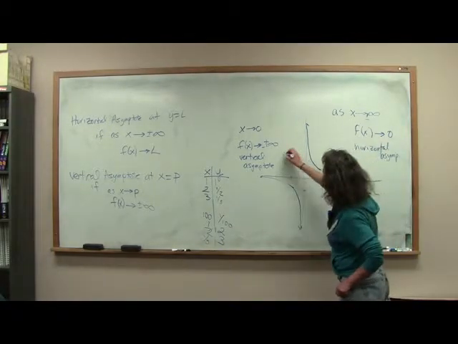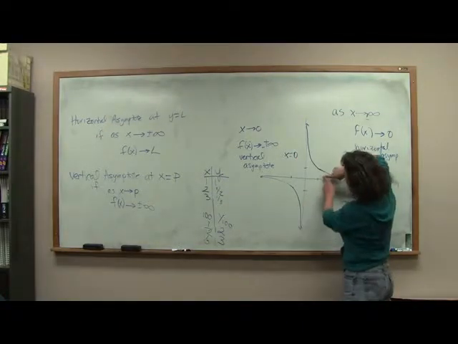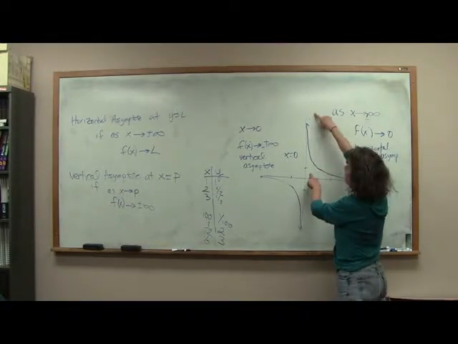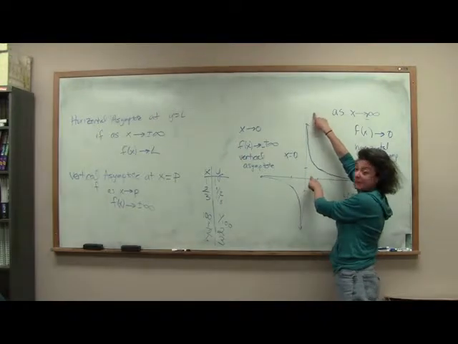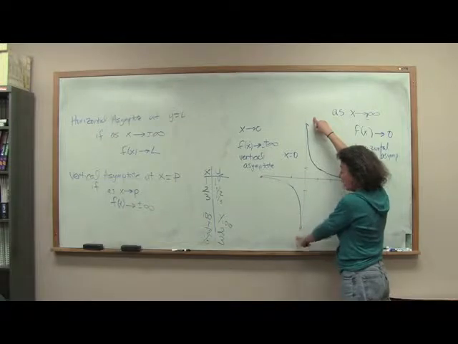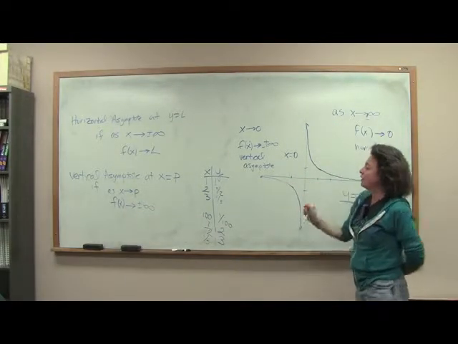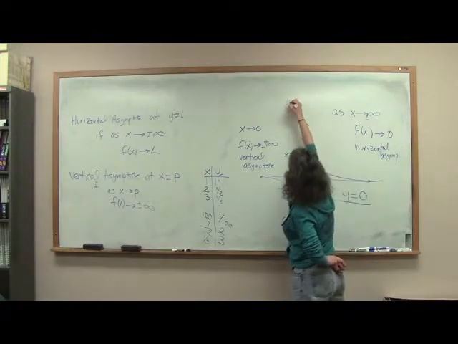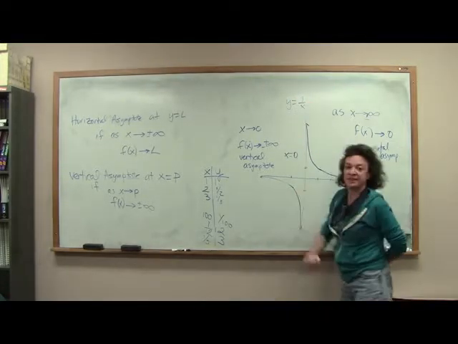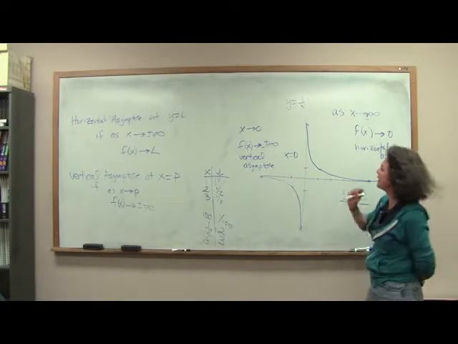Now, something that I would like to mention to you is this. Notice we have a vertical asymptote here at x equals 0, right? Because as we approach 0 from the right-hand side, our function value shot up to positive infinity. As we approach 0 from the left-hand side, our function values approach negative infinity. Remember, this function that we looked at is 1 over x. What was the one forbidden point we couldn't plug in?